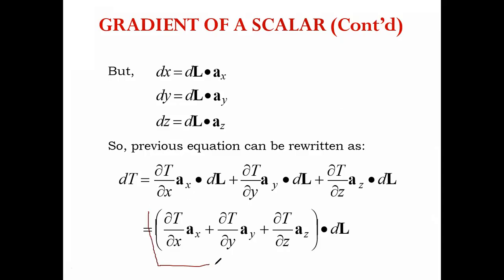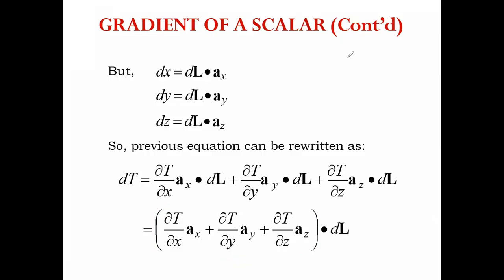This part is represented as the del operator on T. Del of T means differentiation of T with respect to x ax, differentiation of T with respect to y ay, plus differentiation of T with respect to z az.